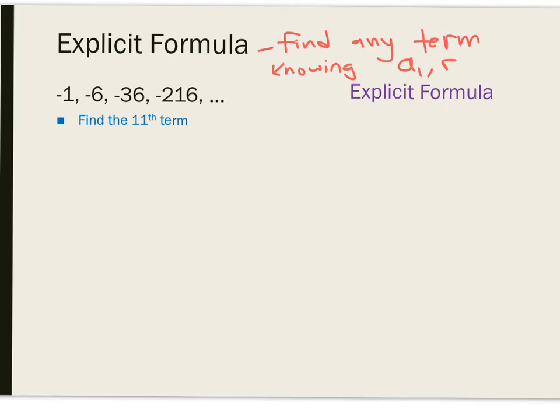So the explicit formula is going to follow the same pattern, but it's going to be a little bit different. So a sub n is going to equal a sub 1 times r raised to the power of n minus 1.